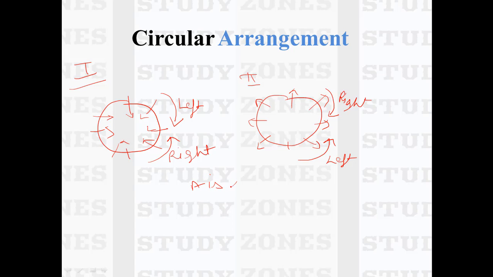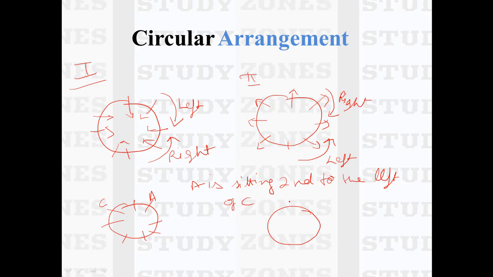Now let us consider an example. A is sitting second to the left of C. In case 1, when all are facing towards the center, A is sitting second to the left of C, and in case 2, when all are facing outside the circle, A is sitting second to the left of C. Now you can see the difference between the positions of A and C respectively.